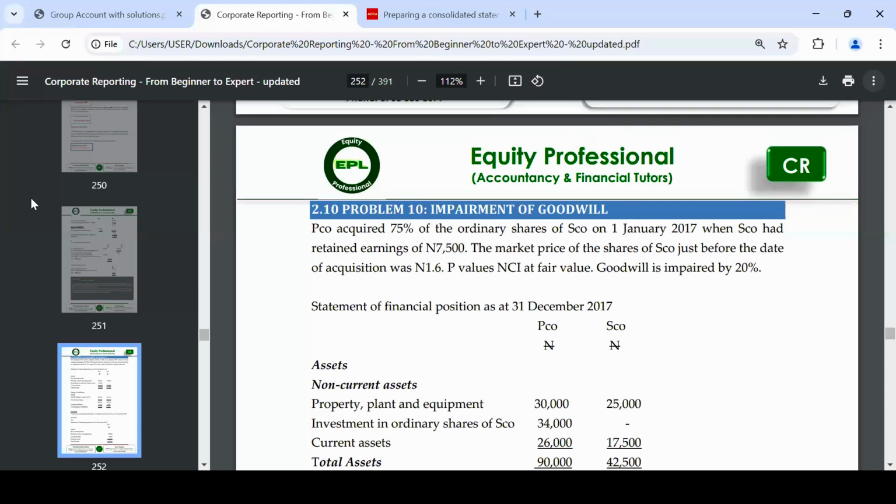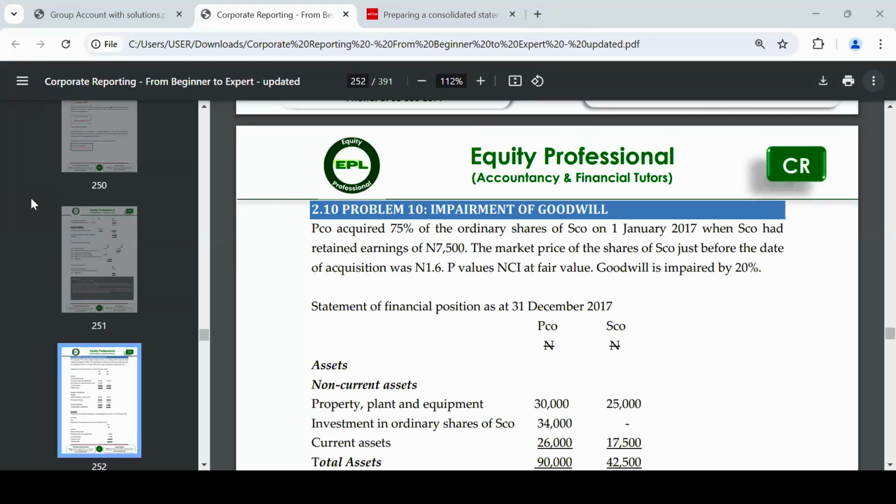Okay, if there are none, the next one is a case where NCI is valued by PICO at full or fair value. So in this case, I have told you, you're going to be given the share price. Now the share price is given to us. Let's read again.